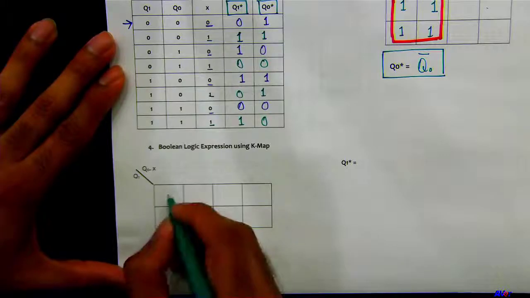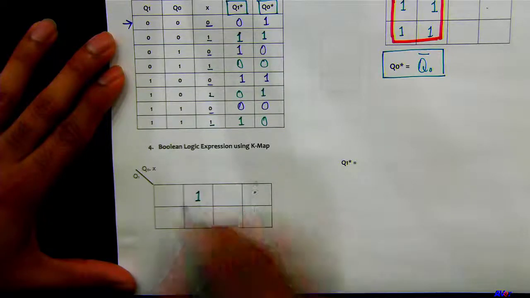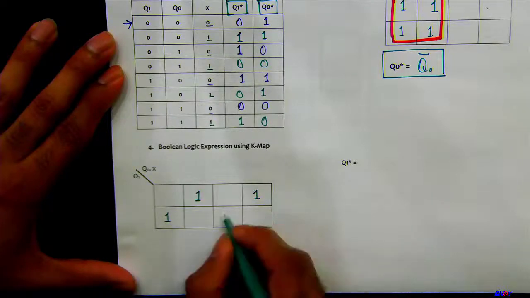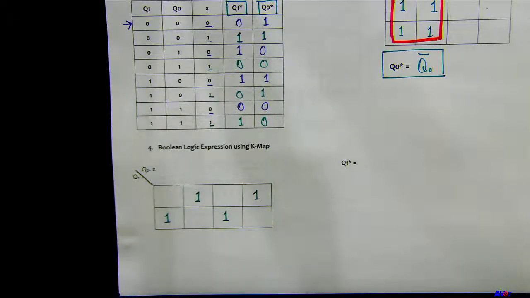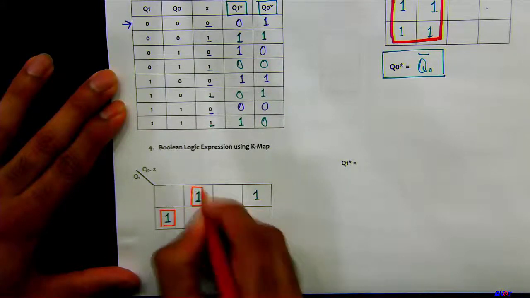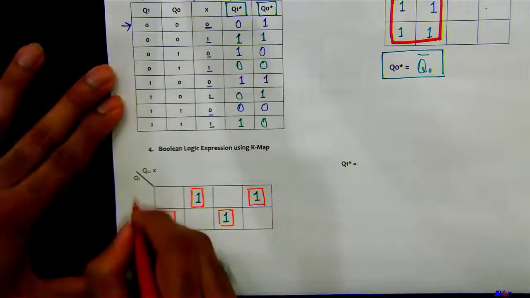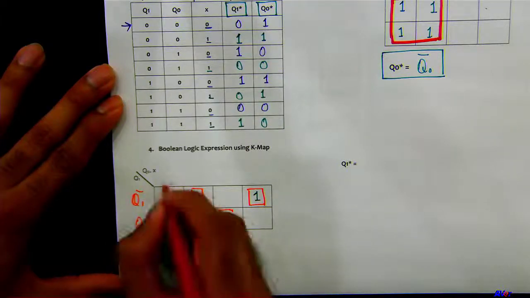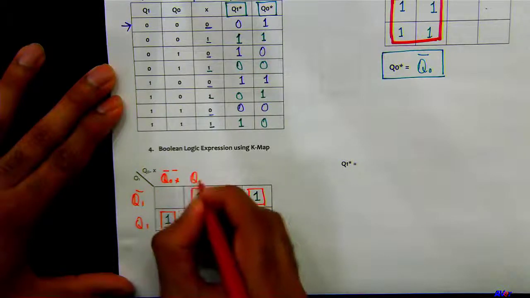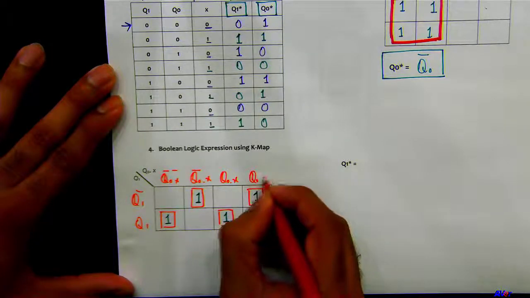Let's do it for this one. So this is 0, this is 1, 3 is 0, 1, 2 is 1, 4 is 1, and 7 is 1. We can't make any pair here, so these will be individual terms. Remember, you got Q1 bar here and Q1 here. Q0 bar dot x, Q0 x, and then Q0 x bar.